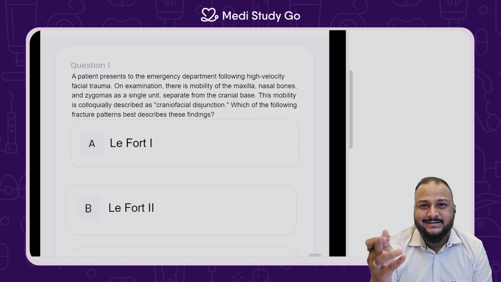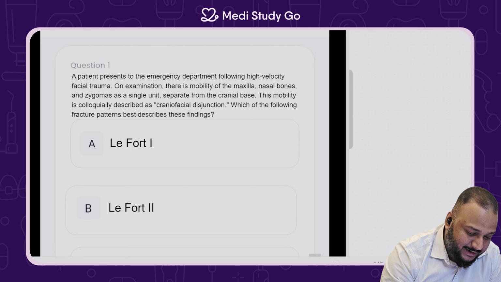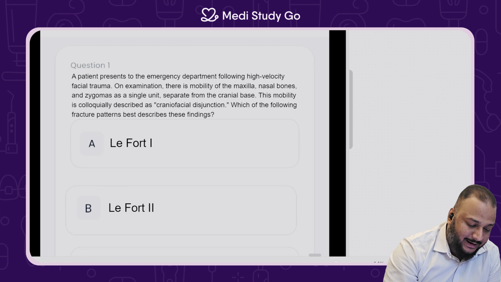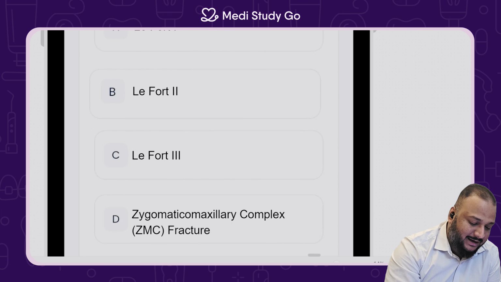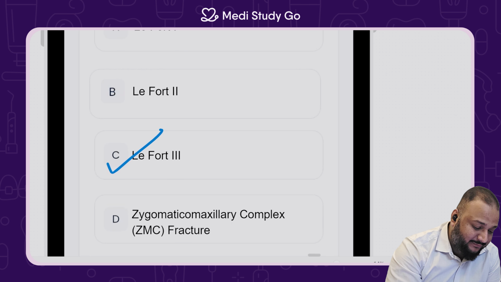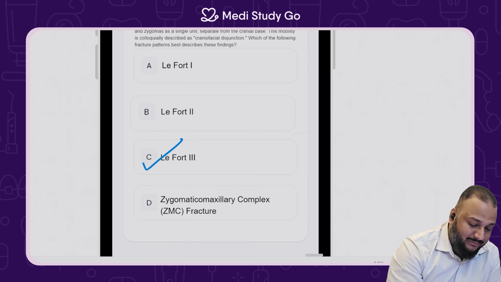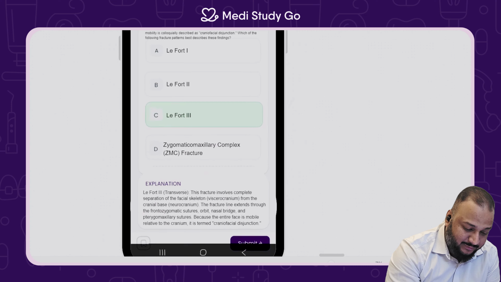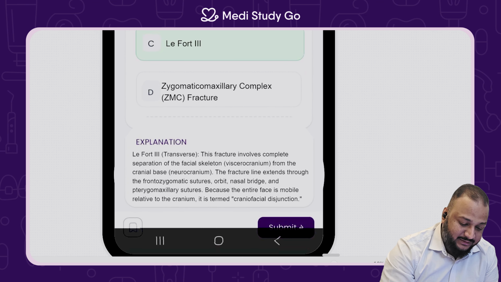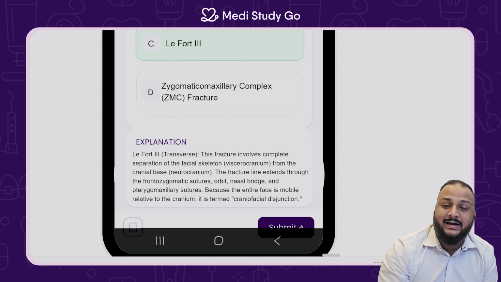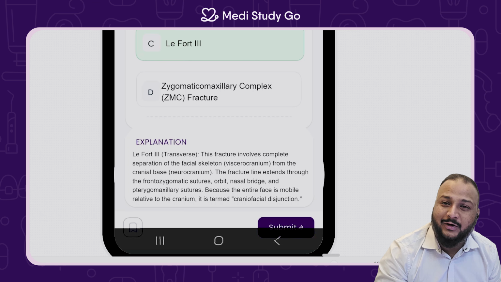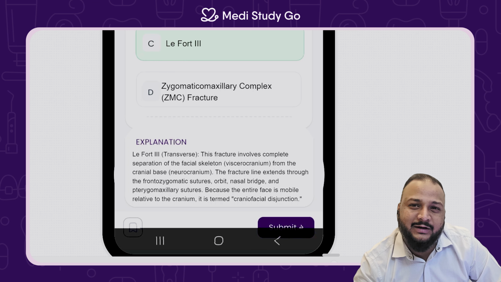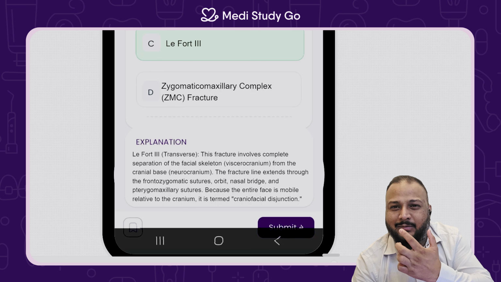You already know the answer, but let's just read through it. Which of the following fracture patterns best describes this? The answer we all know is a Lefort 3 fracture, but let's have a look at the explanation that I've provided. Lefort 3 fracture completes the separation of the facial skeleton from the cranial base. So this was the explanation for it being a Lefort 3 fracture, because your zygoma, your maxilla, and your nose are completely separated.